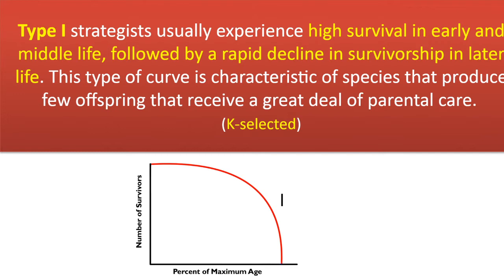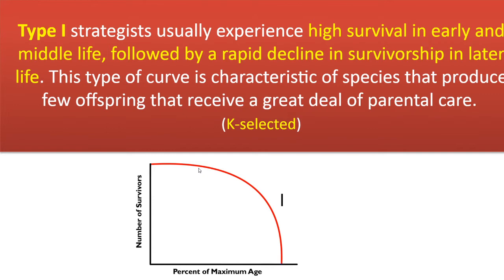Type 1 strategists are basically going to have really good survival for most of their lifetime. And then once they reach near the end, we see their mortality rate increase rapidly and they die off. So that's a type 1 strategist.